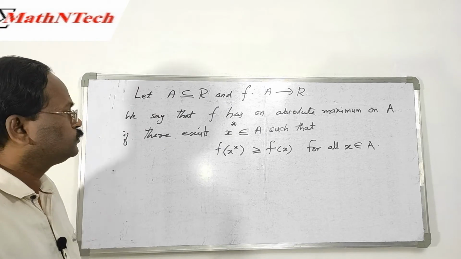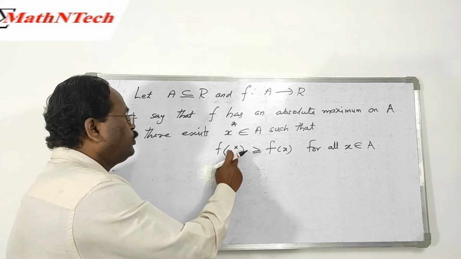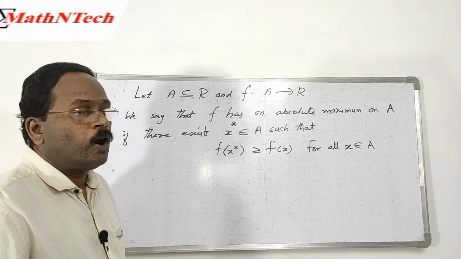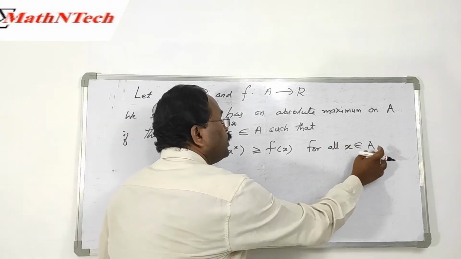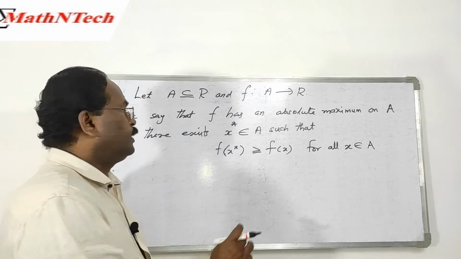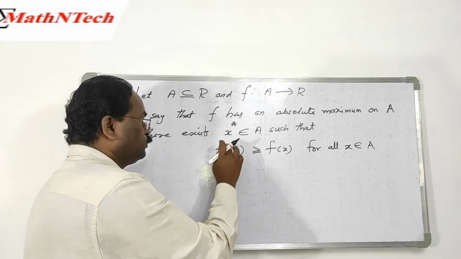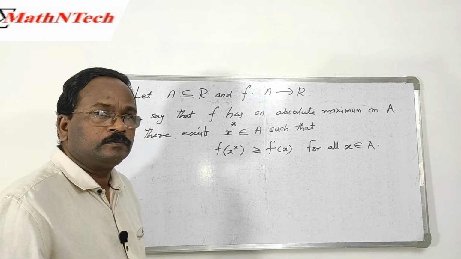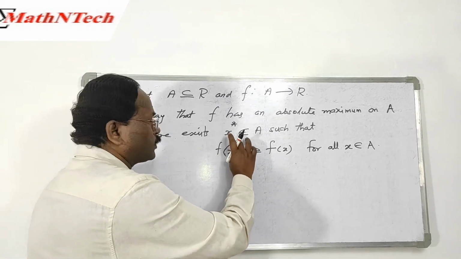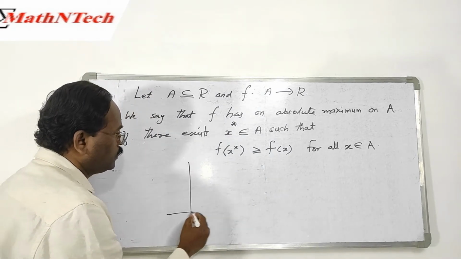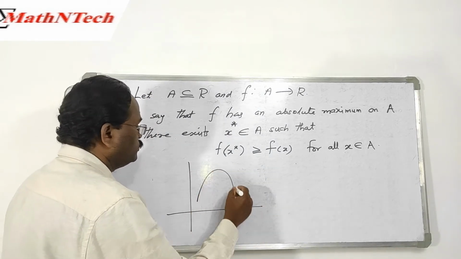It means at the point x star, f has the maximum value. At all other points in A, the value f of x is less than or equal to f of x star. Suppose we draw the graph like this.